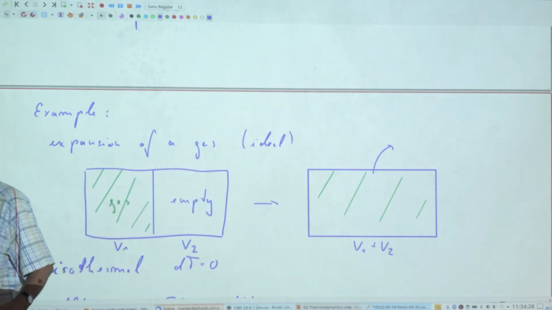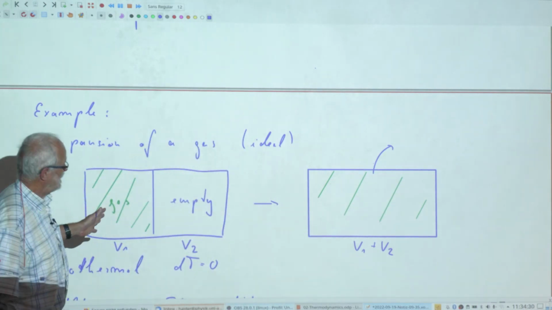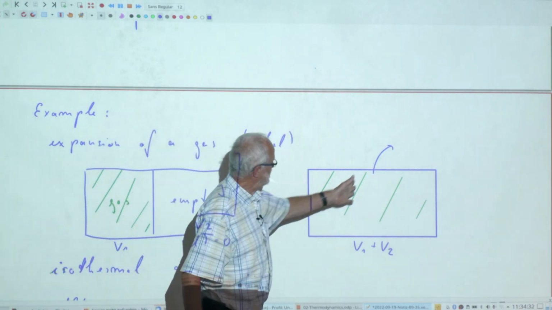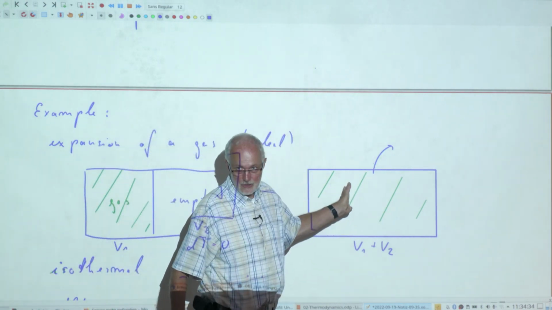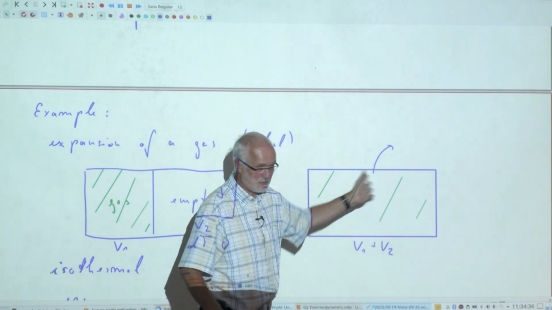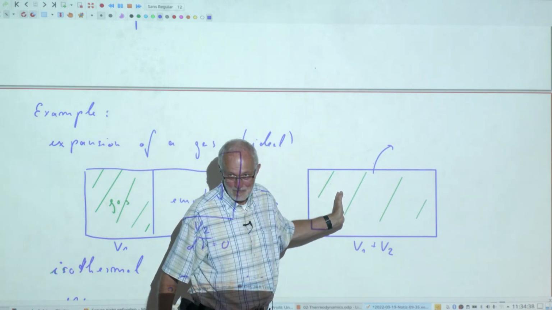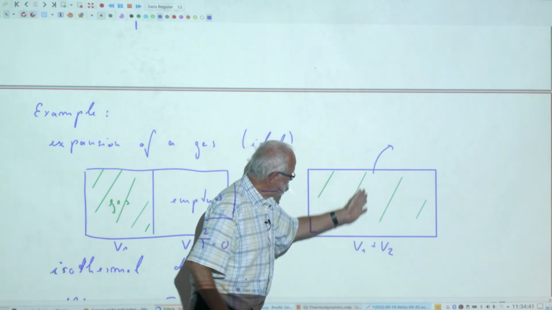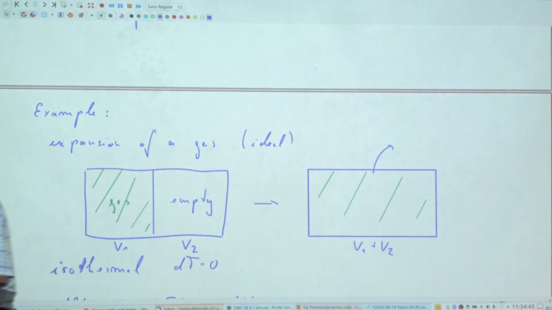So the probability to find this particular molecule on the left side is only 1/2 if both volumes are the same size. So entropy describes our non-knowledge, or the probability for a certain event to take place.